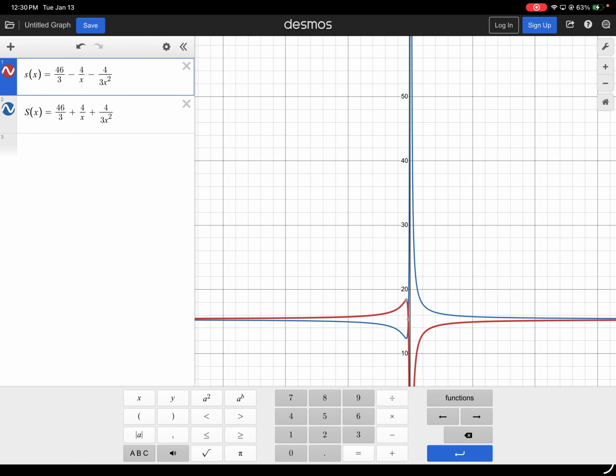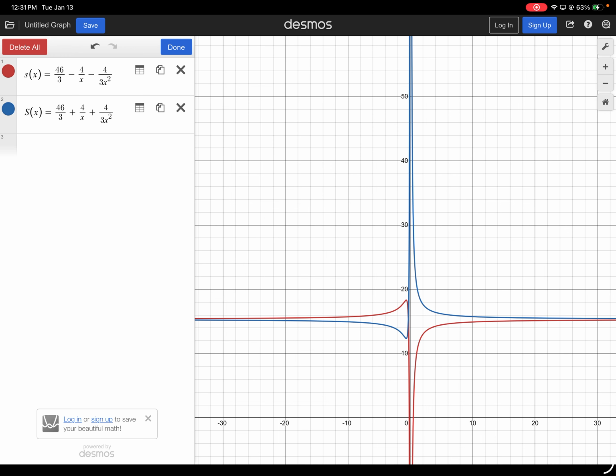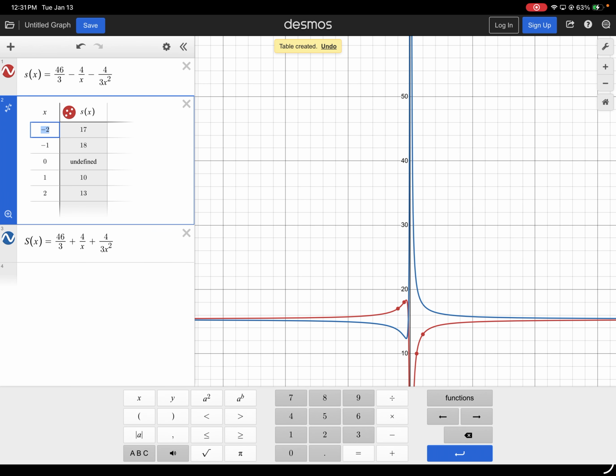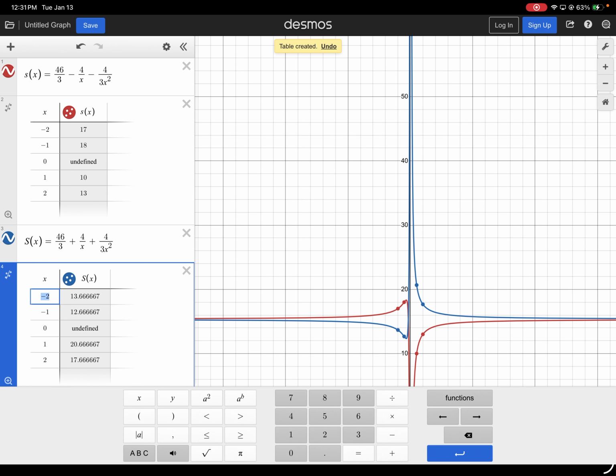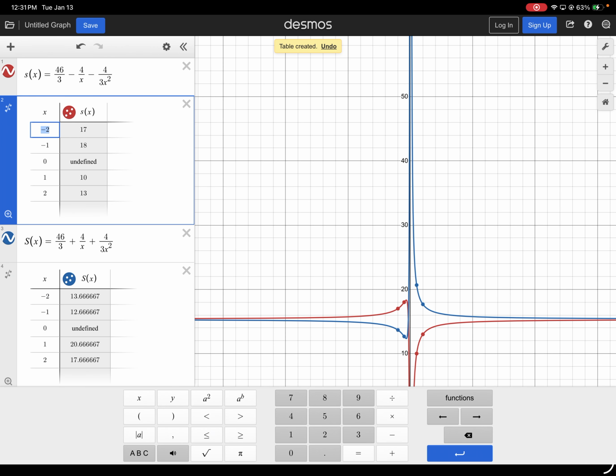So in conclusion, we can say both the lower and upper sum have a limit as n approaches infinity.